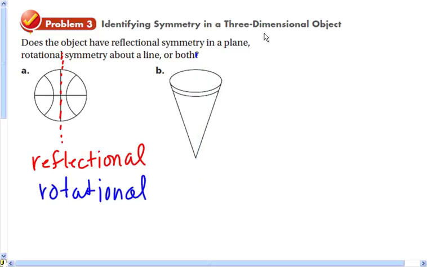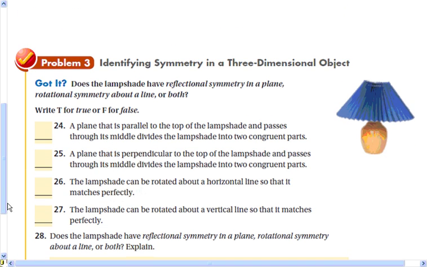You could also put an object through this, have it come out the end there, a little point, and you could spin it on that line. And so this also has rotational symmetry. So it has both. You can split it with a plane, and you can spin it on a line. So it has reflectional symmetry and rotational. Go ahead, you can try that here.